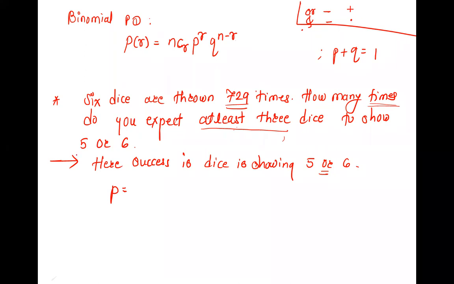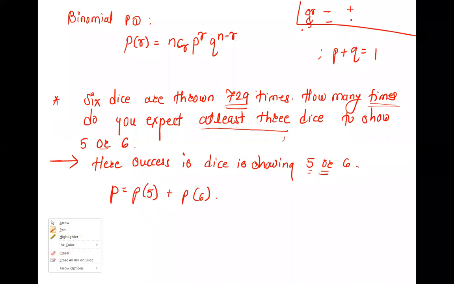If they asked dice to show 5 and 6, you would multiply the probabilities, but there is the word or, so probabilities get added. Then we have to find the probability of dice showing 5 and the probability of dice showing 6.